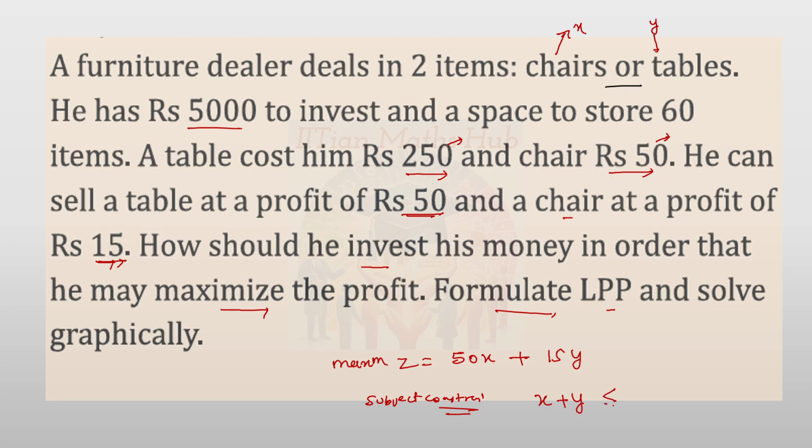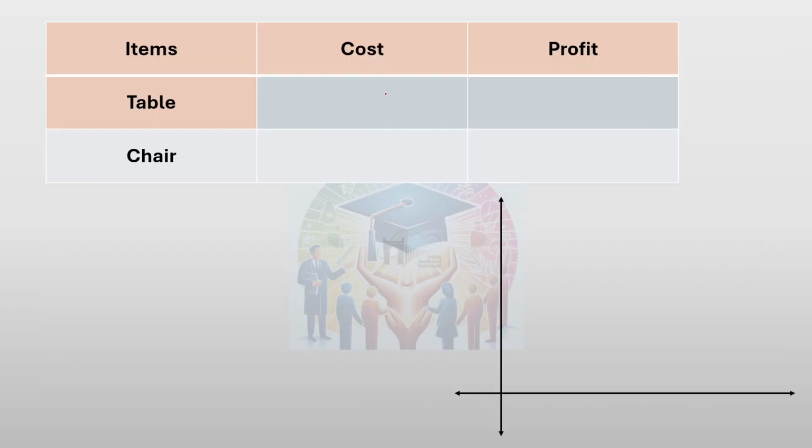So that means less than equal to 60. This can be your first constraint. Similarly, the second constraint you can find out from the price given: a table costs him 250 rupees, a chair costs him 50 rupees. Here you can also write in the table that this is 250 cost, profit is 50 rupees, chair is costing 50 rupees, and this is 15 rupees.